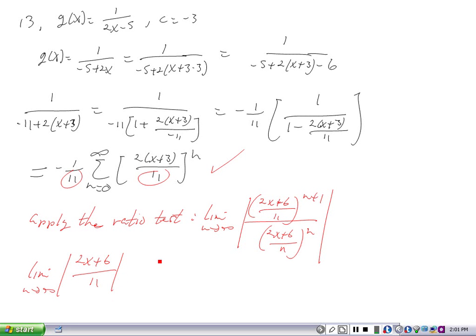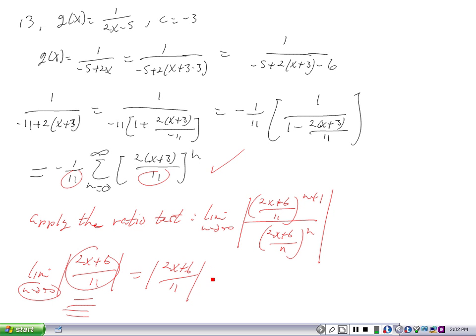For this guy to be convergent, you want this guy to be less than 1. Notice that there's no n in here, right? This is as n goes to infinity. Well, since there's no n, 2x plus 6 divided by 11 is treated as a constant compared to the limitation. So the limit of a constant is a constant, so this guy is equal to the absolute value of 2x plus 6 over 11.